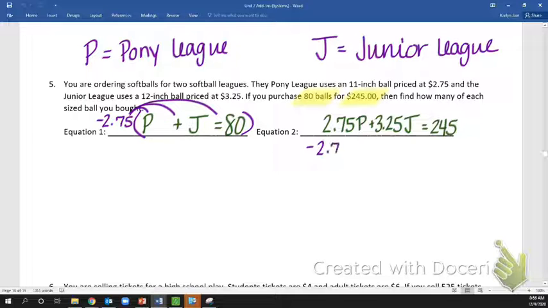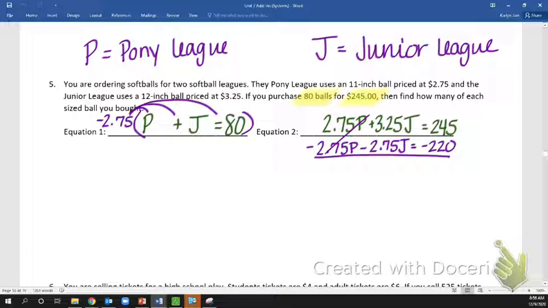And I get negative 2.75p minus 2.75j, and that equals 80 times negative 2.75, which is negative 220.